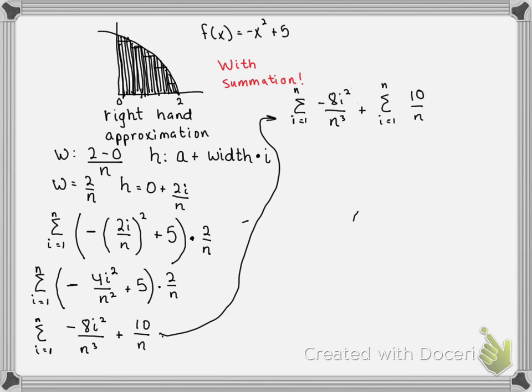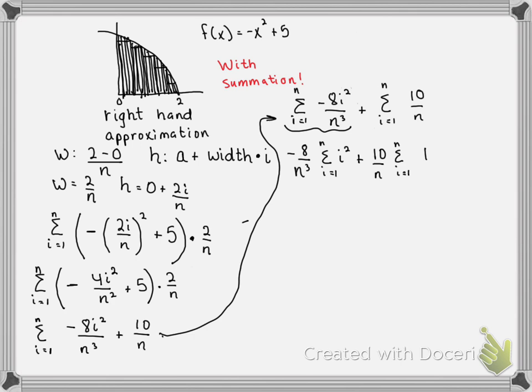For that first term, we're going to pull out a negative 8 over n cubed, and what we're left with when we factor that out is our i squared. And likewise, we will factor out the 10 over n times the sum from 1 to n of 1.